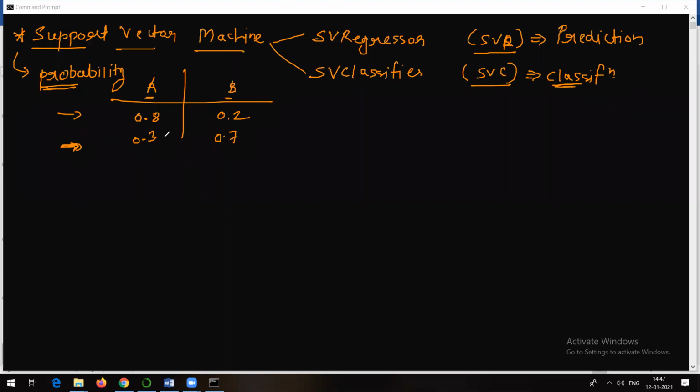So the basic idea behind other algorithms used to solve classification problems is that they make use of probability. In this case, the first record is going to belong to class A, and the second record is going to belong to class B, because the probability is higher in both cases respectively. That's how all the other algorithms make use of probability for solving classification types of problems.